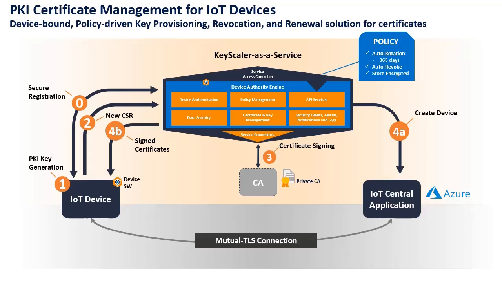And once that is completed, as part of 4B here, the signed certificate is sent back down to the IoT device, and then the mutual TLS connection that you can see at the bottom of this diagram is free to take place, knowing that Keyscaler has already automated and taken care of all of that device registration and communication with the IoT Central application.